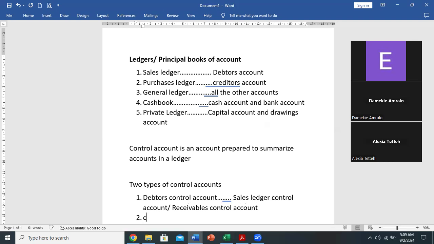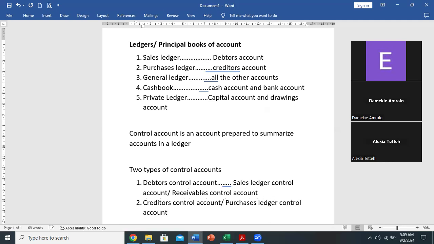And the second one is the creditors control account, which is also referred to as the purchases ledger control account, or sometimes you see payables control account, because our creditors are also referred to as payables.